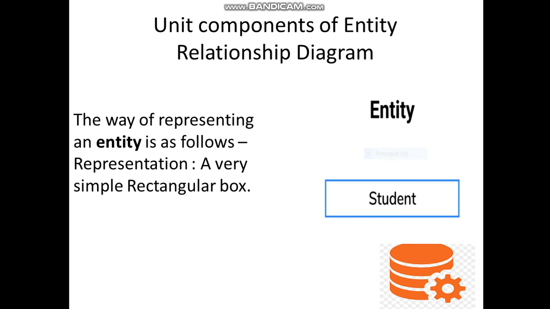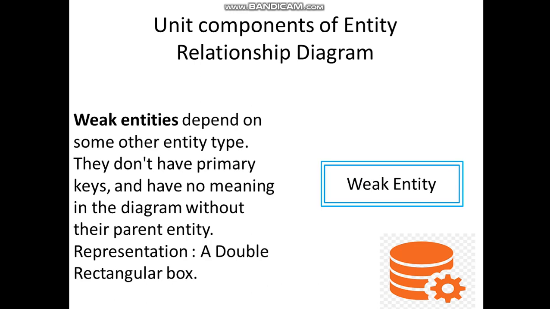Next, the components of entity relationship diagram. First is entity, which is represented by a rectangular box, and we have to write the name of an entity inside that rectangle. Next is weak entity. What is weak entity? It depends on other entity type. They don't have primary keys and have no meaning in the diagram without their parent entity.